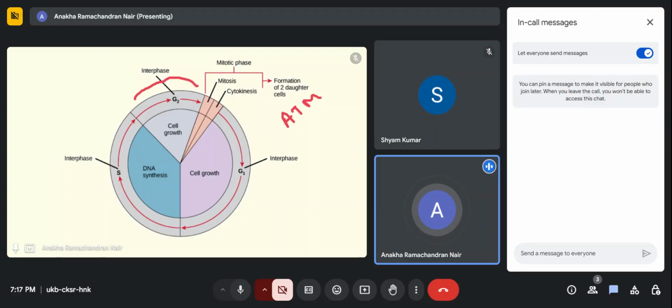So if the double stranded breaks that are formed are not repaired by the cell, then it gets stopped at this phase, the G2 phase.